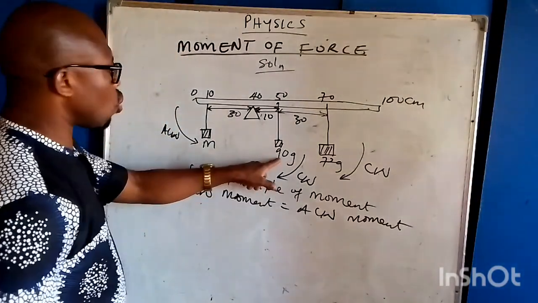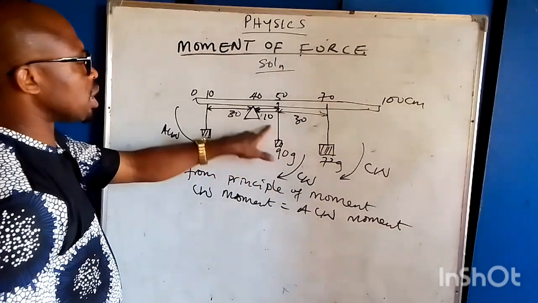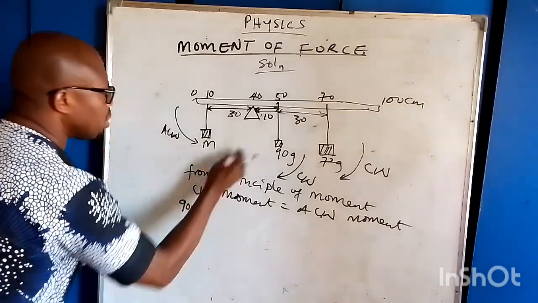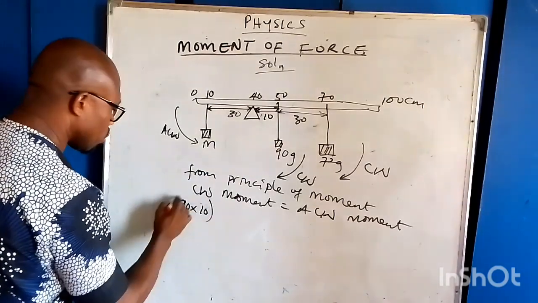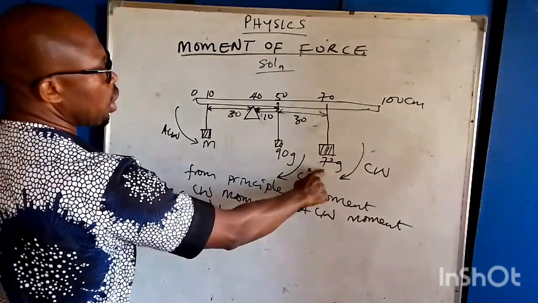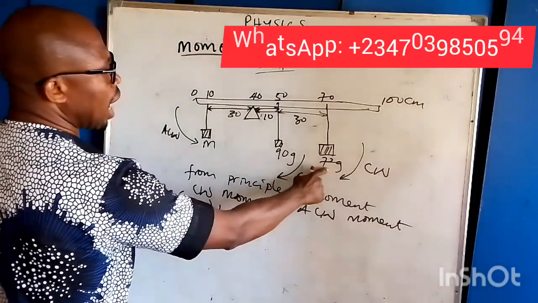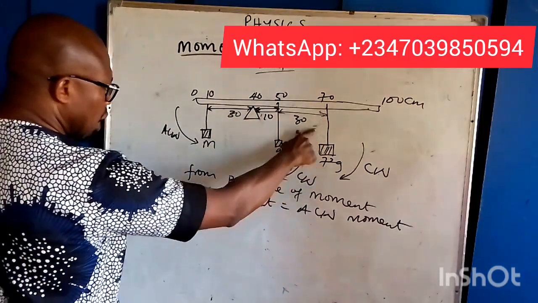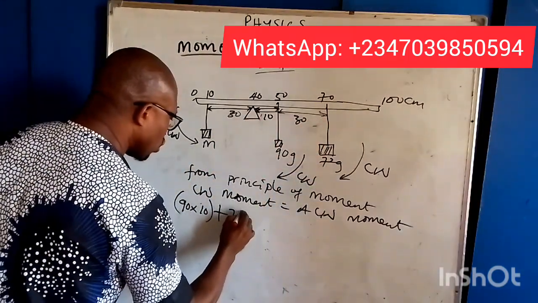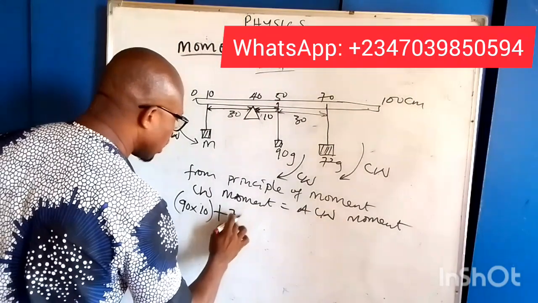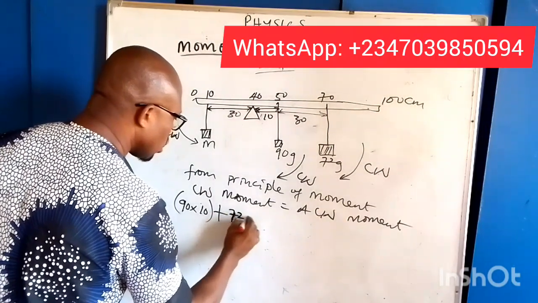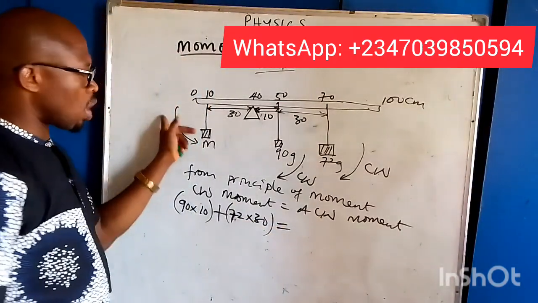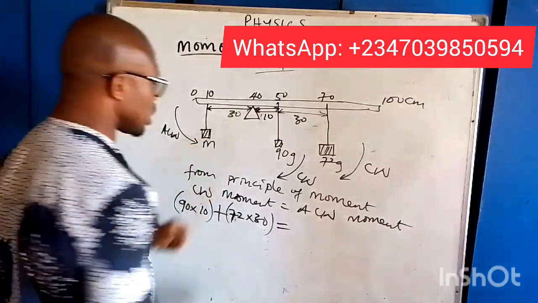So for the clockwise moment, we have 90 times 10 plus this other one here, 72 times 30, the perpendicular distance from here to here, equal to the anti-clockwise moment. Anti-clockwise is m times 30.